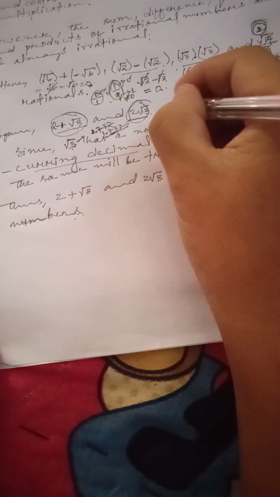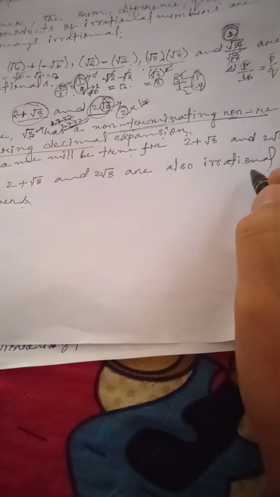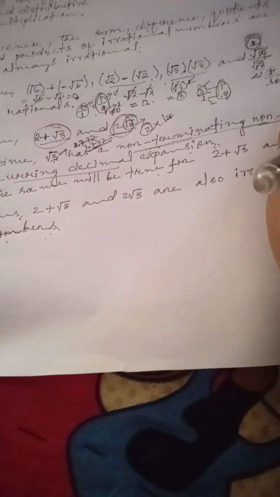Though 2 is a rational number, the value of root 3 is a non-terminating, non-recurring decimal expansion. Thus root 3's value will be an irrational number. So if we multiply a rational number with an irrational number, then we will get the same, that is an irrational number. So this is all for today.